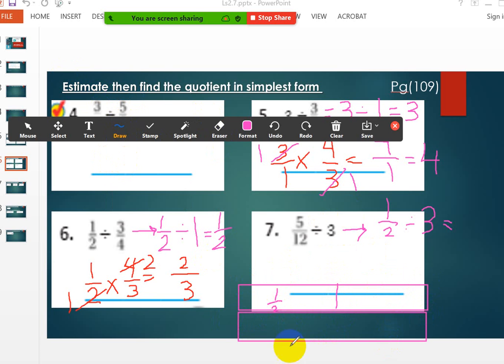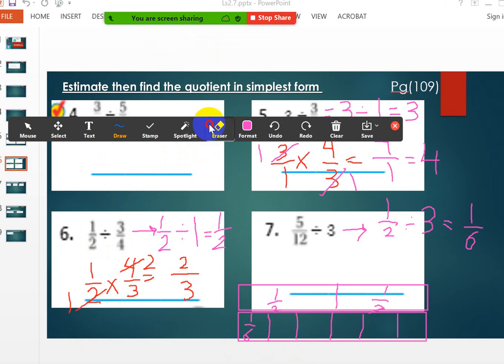Now I want to divide each 1 over 2 into 3 parts. So that means I will divide the whole into 6 parts. Very good. So each part will be 1 over 6, right? So the value in the group is the answer, or the quotient for this division. That means this will be 1 over 6.